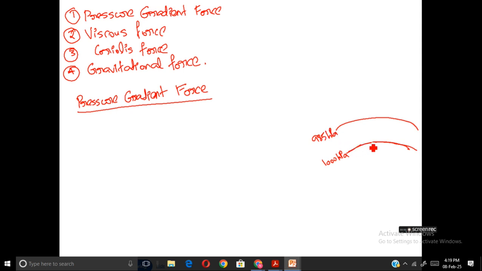So there is a gradient in the pressure, having a direction in this direction. Because of this gradient, there will be a force acting, which is basically known as the pressure gradient force, having a direction opposite to that of the gradient. So this arises due to difference in pressure.